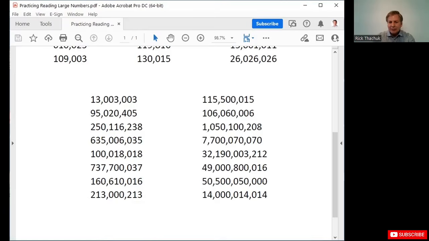What about this number right here? 1,050,100,208. What about this number right here? 49,800,016. And just read me this one right here. 50,500,000,050,000.